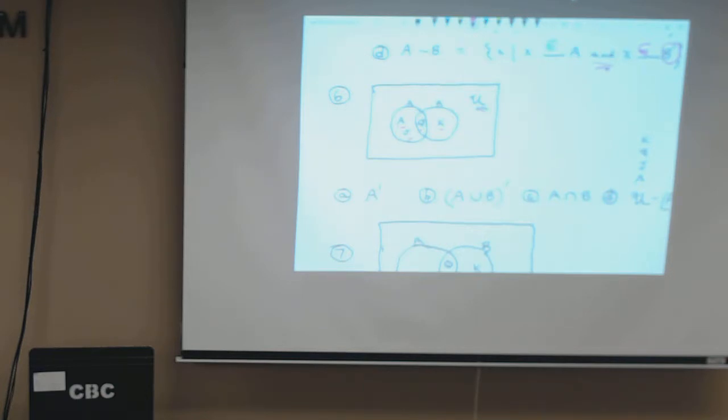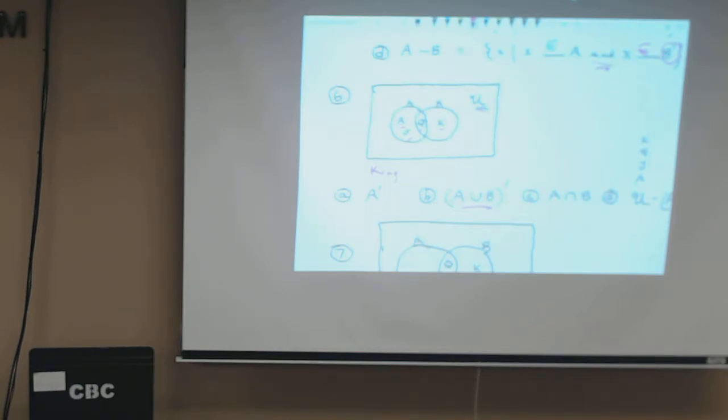A, what's the complement of A? I take my thumb and cover up A, and what do I see outside of A? King. Everybody follow that? B, what's the union of A and B? Put A and B together, and what do you get?